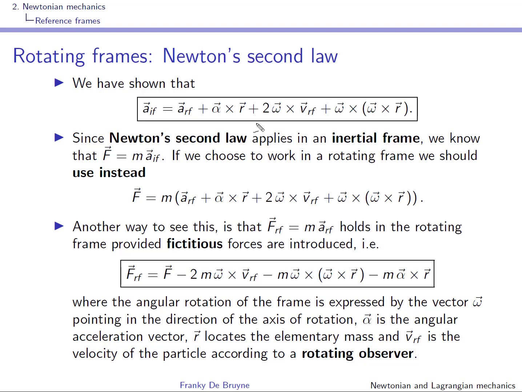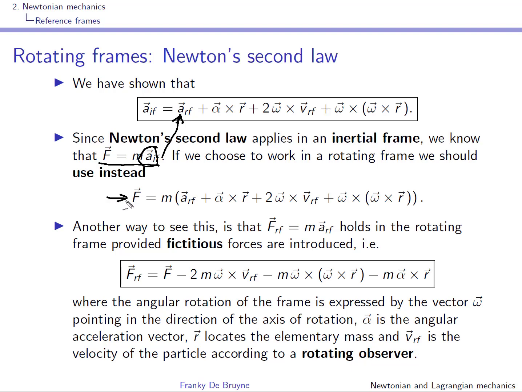So we can write that the mass times the acceleration vector in the inertial frame is equal to the net force. If we chose to work in a rotating frame, then we have to adapt our equation. So we are going to replace the acceleration in the inertial frame by what we have here on the right hand side of the equation, and this is what we obtain.